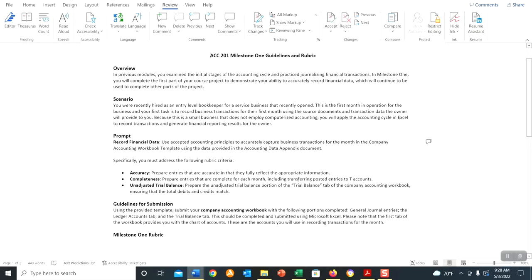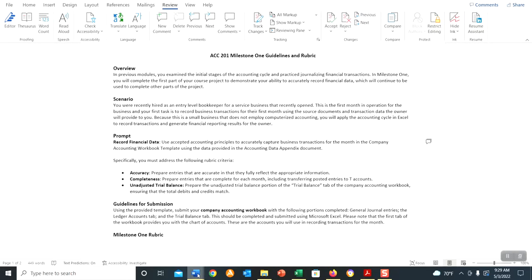Then you're going to post those entries to the appropriate T accounts, and then use the T account balances to prepare the unadjusted trial balance. Those are the 3 steps required for this Milestone 1 submission deliverable.